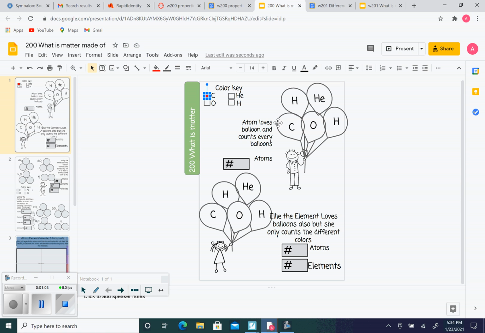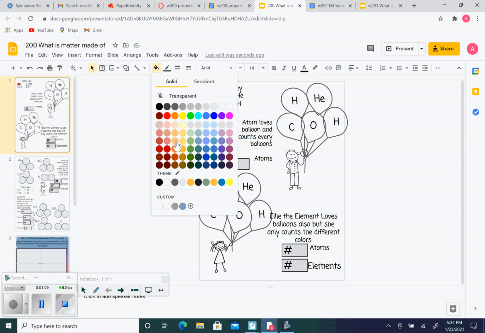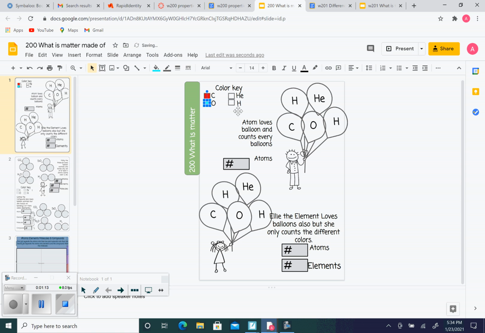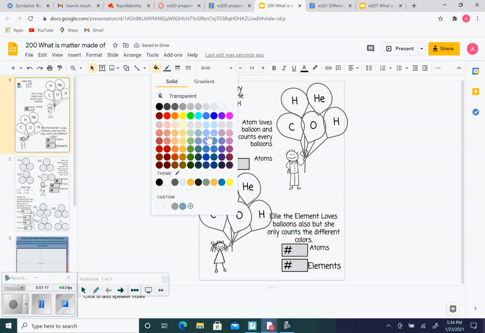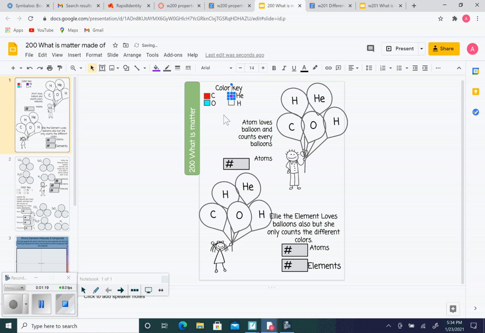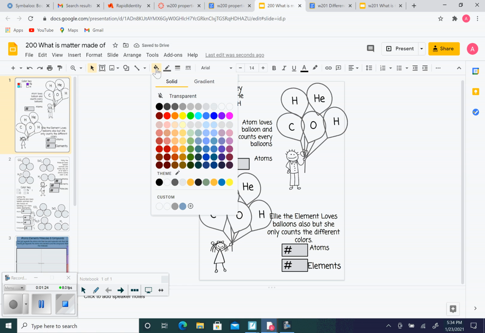So anything that has a C in it is going to be red. Anything that has an O in it, we are going to make blue. I don't know why blue, I just like blue. Anything that is an HE, which is helium, we're going to make purple. And anything that is an H for hydrogen, we are going to make green.